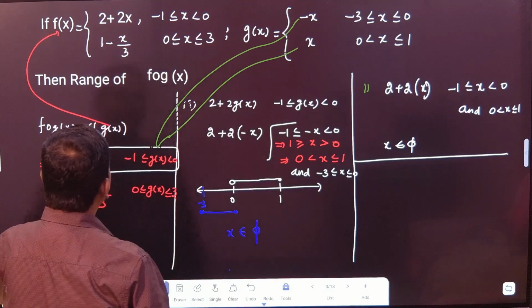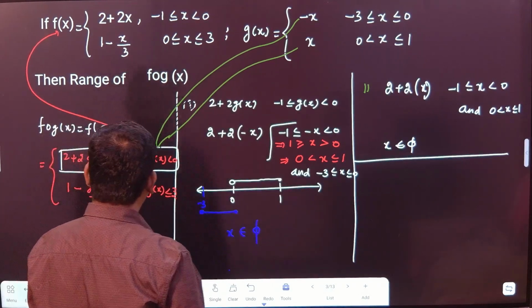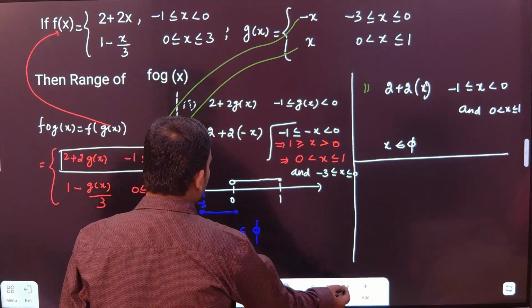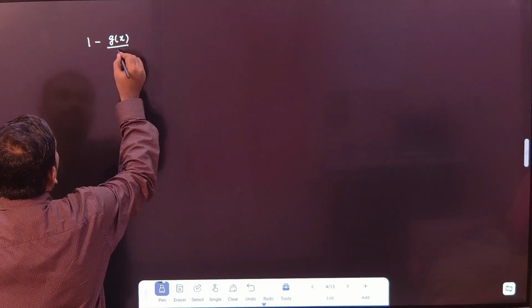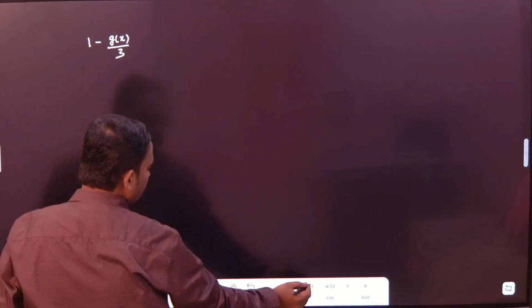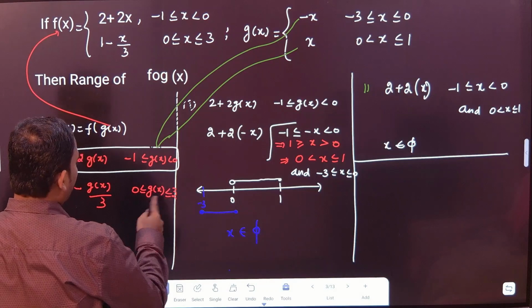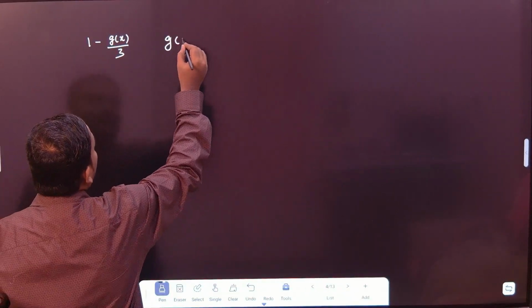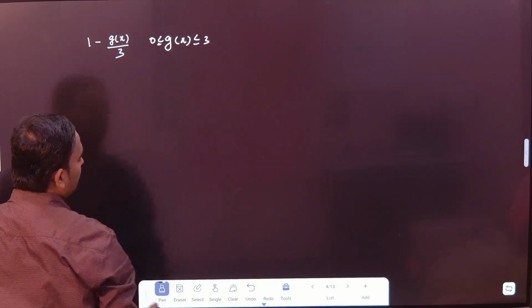Fine. Next, you can fix the second function. The second function is what? 1 minus g of x by 3. I will take another page. Okay, 1 minus g of x by 3. You can see 1 minus g of x by 3 when g of x is 0 to 3. 0 to 3 is included, right?